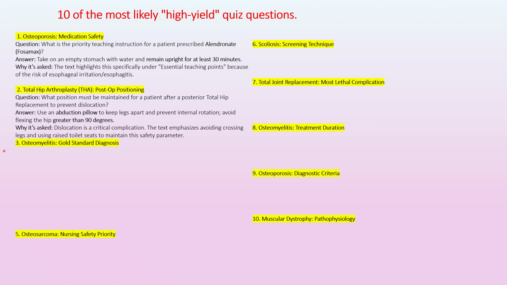The text emphasizes avoiding crossing legs and using raised toilet seats to maintain these safety parameters. This question is very important even for certified nurse assistants, who also learn how to care for a patient with a hip replacement.